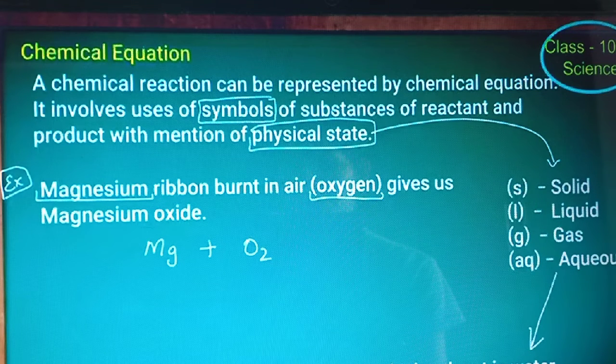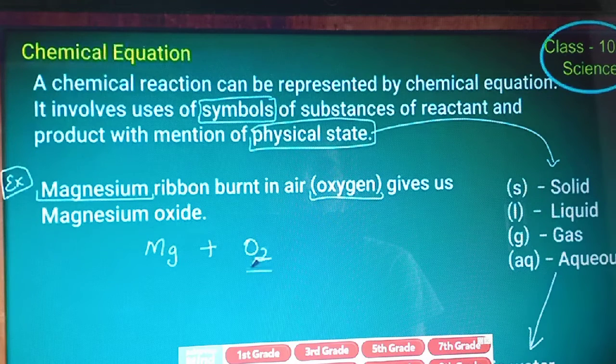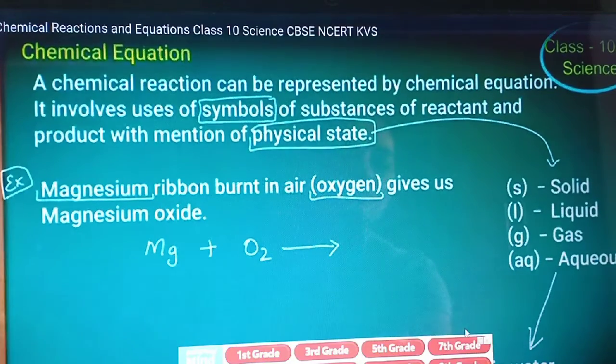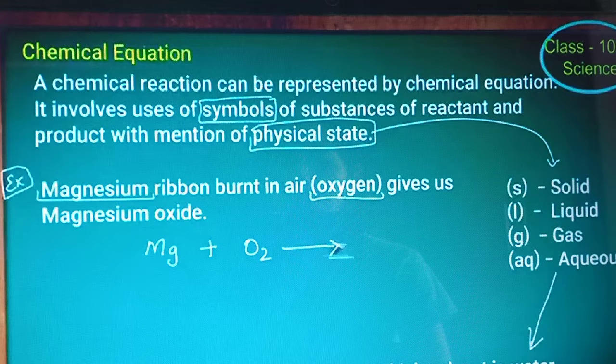Magnesium we denote as Mg, and the other reactant in the process we can add by the plus sign between them. Either it is 2 or 3, we can add other substances by the plus sign. Here two substances are used as reactants, Mg and oxygen. Both reactants react with each other and form magnesium oxide.